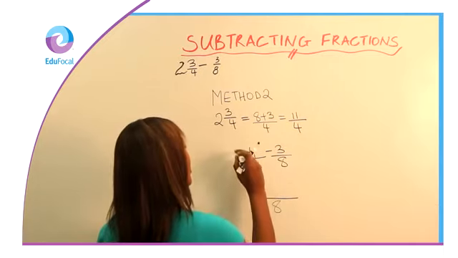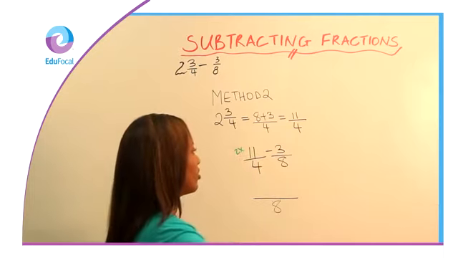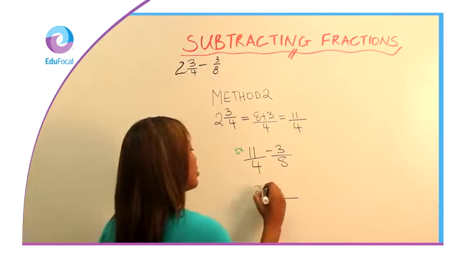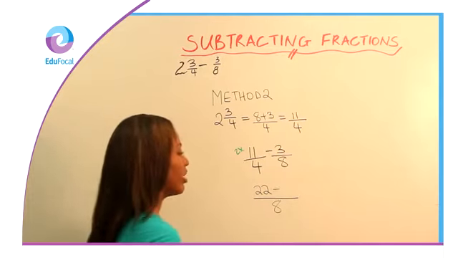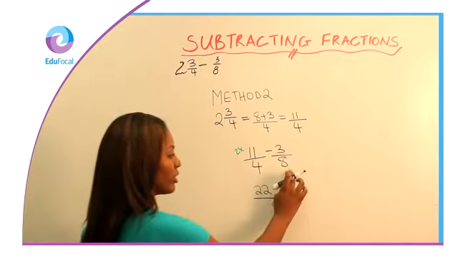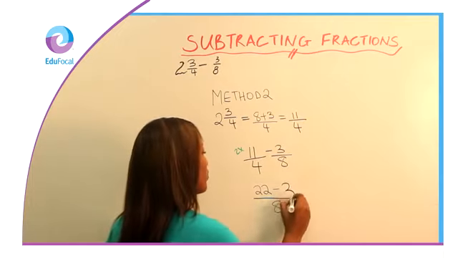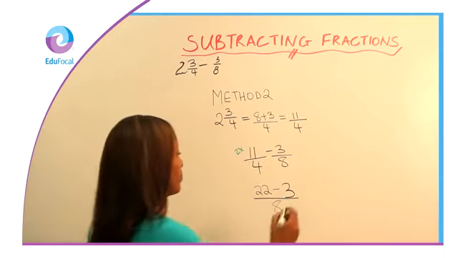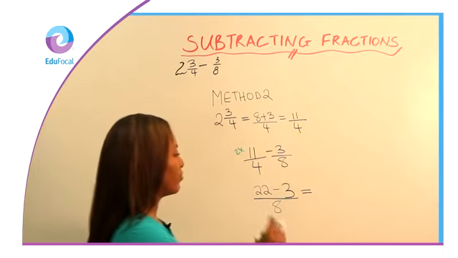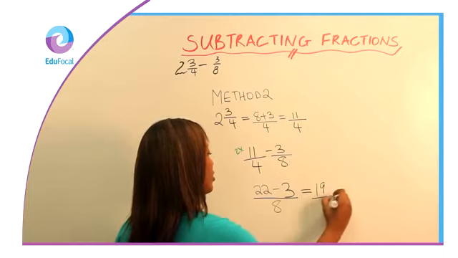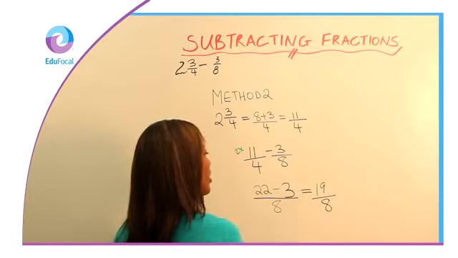You take that answer and multiply it by the numerator of the first fraction. 2 times 11, 22. Minus, remember I said, if the denominator and the LCM are the same, you just go right ahead and write back the same numerator. So now you know 22 minus 3 will give us 19 over our denominator, 8.